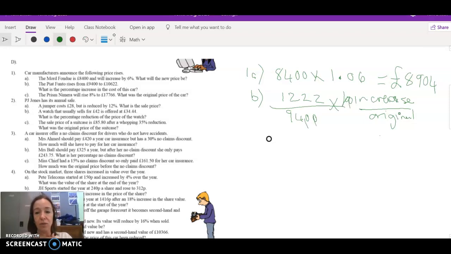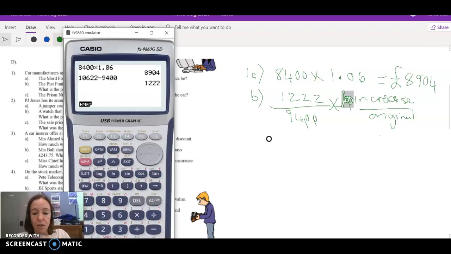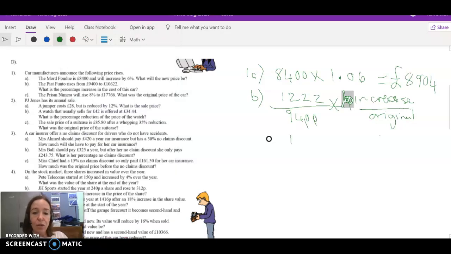So those two can cancel. So it'll be 1,222 divided by 94. I can just keep my answer that's in there and divide it by 94. And I get 13. So that's actually as a percentage already. So that is my final answer for that one.